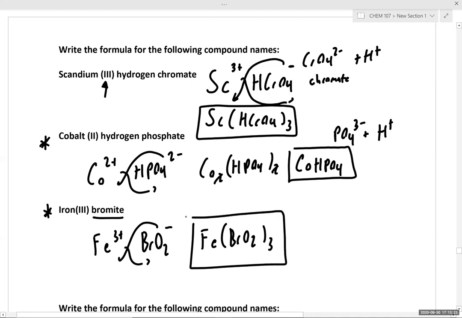Do these examples make sense to everyone? I find transition metal containing compounds are easier to write the formula for than even normal compounds because the name tells you the charge.